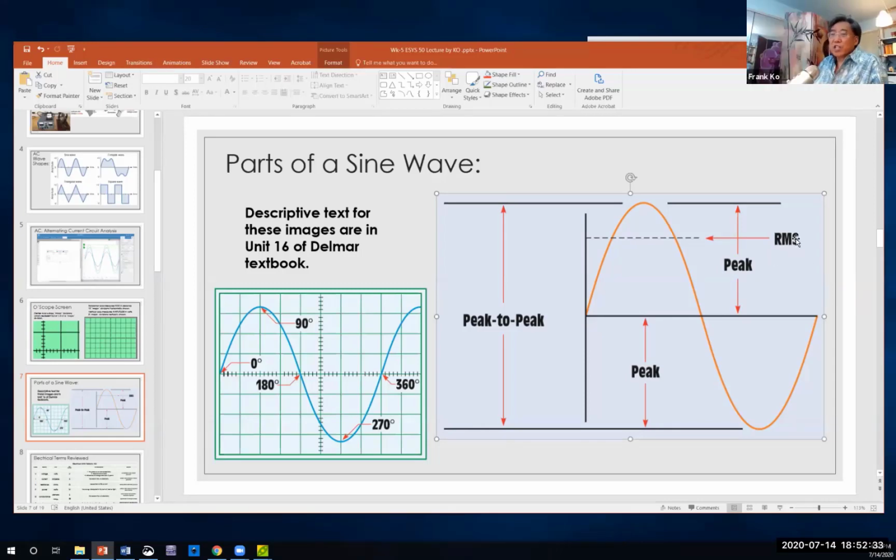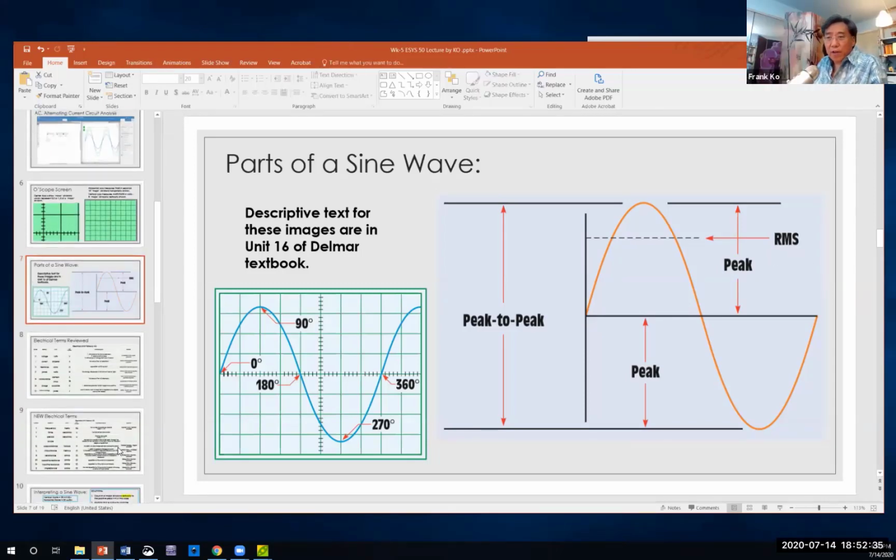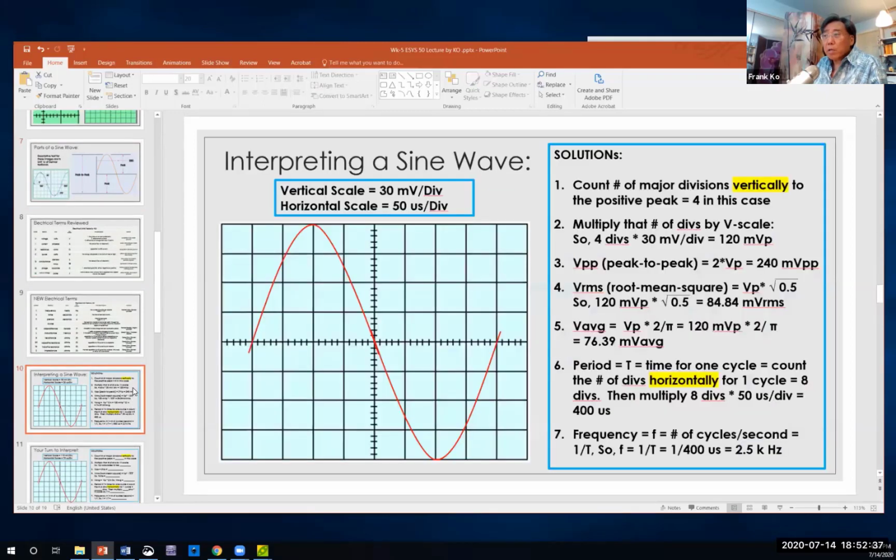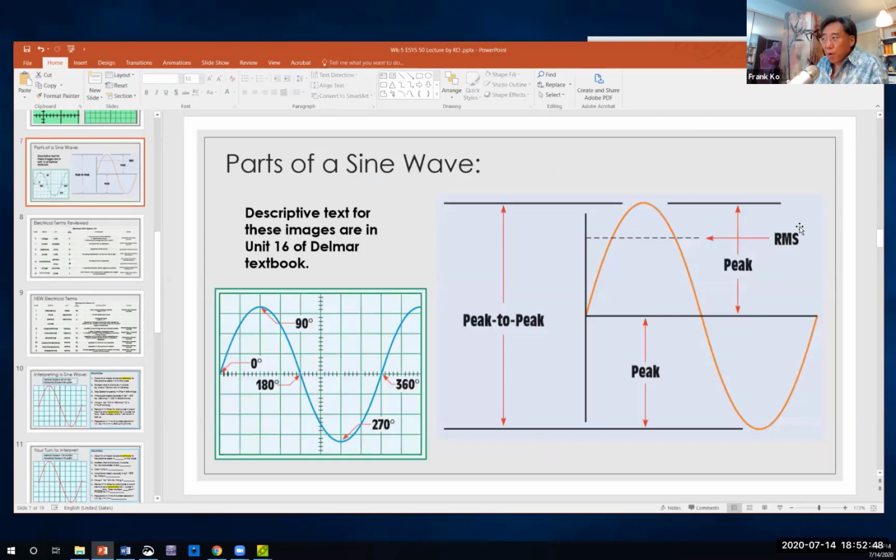RMS stands for root mean square, and I have that defined a little further down in here, interpreting waveforms. So RMS stands for root mean square, and that part of the AC waveform is the amount of voltage to generate heat from a component that would be equivalent to the amount of voltage of DC.